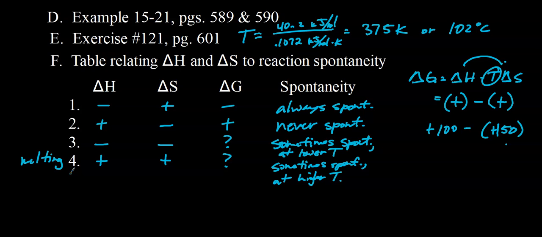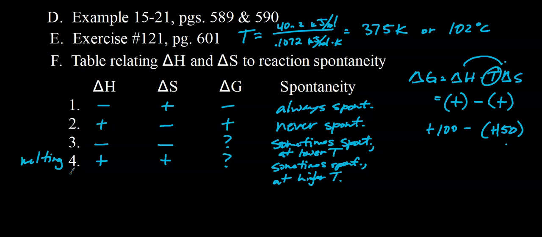So what determines if ice will melt spontaneously? The temperature. So at any temperature above 0 degrees Celsius, ice will turn into liquid water all by itself. So outside of the freezer, melting is spontaneous. Inside the freezer, where the temperature is less than 0 degrees Celsius, non-spontaneous.